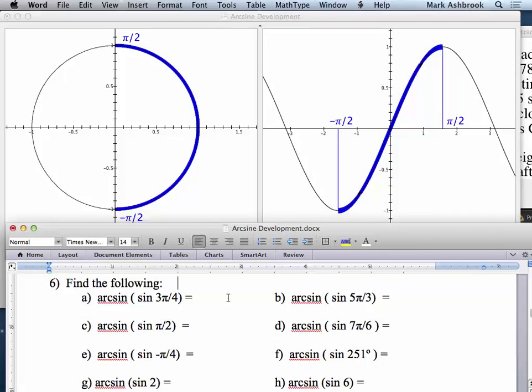So A, B, C, D, E, F, G, H. So go across the rows as you work. Okay? No calculator.